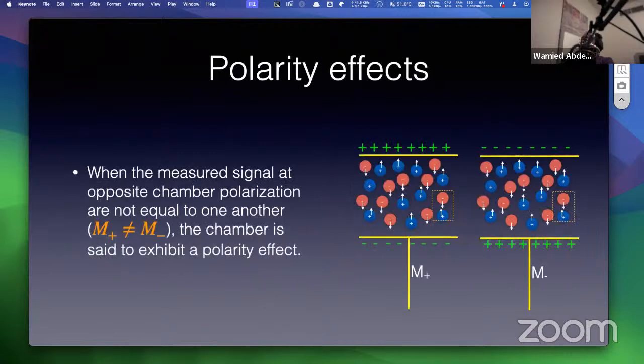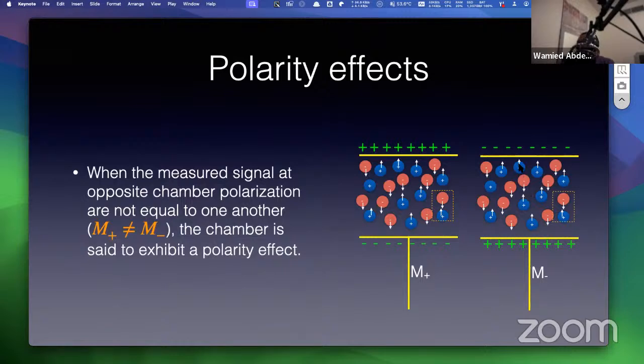So how about polarity effects? What is a polarity effect? When we measure the signal, sometimes the charge that we measure when the chamber is positively polarized is different from when we reverse the polarity of the chamber.